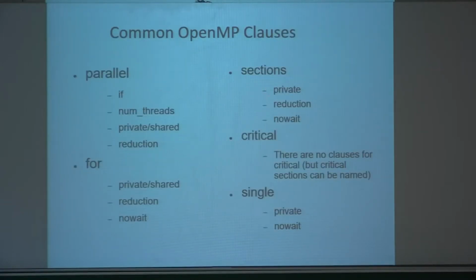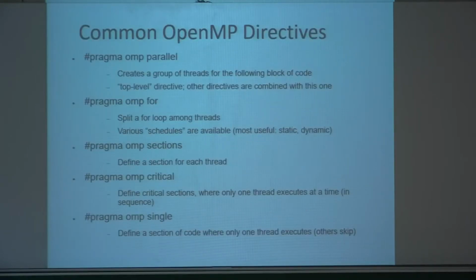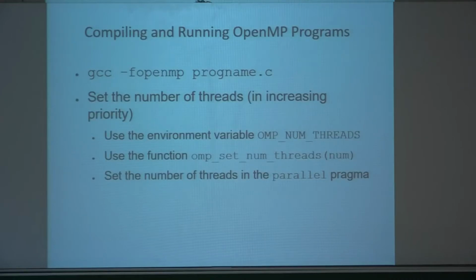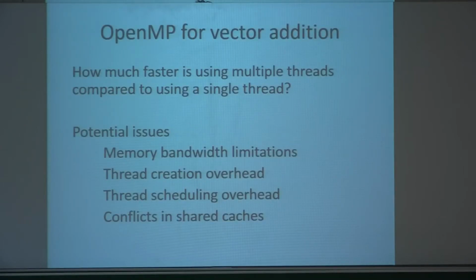There are some clauses which modify the behavior of those directives. And then, compiling an OpenMP program, you have to tell your compiler to link to the OpenMP library and to recognize the directives. You can set the number of threads as well in different ways.